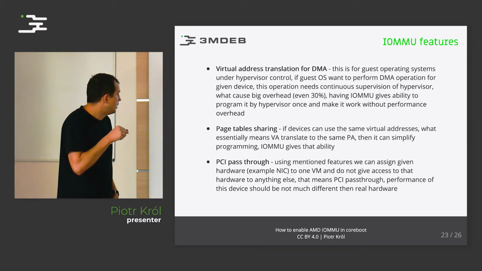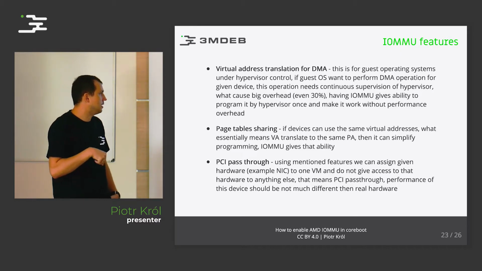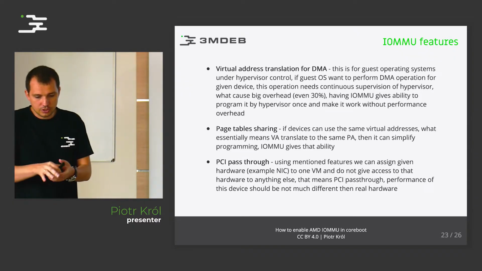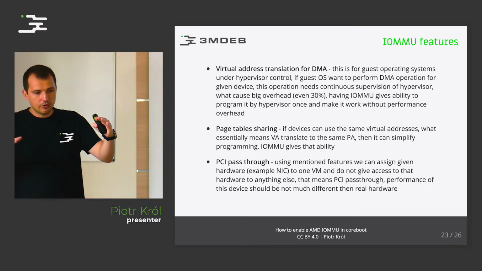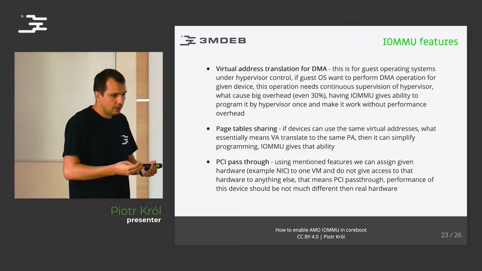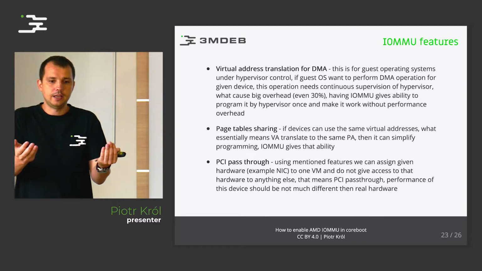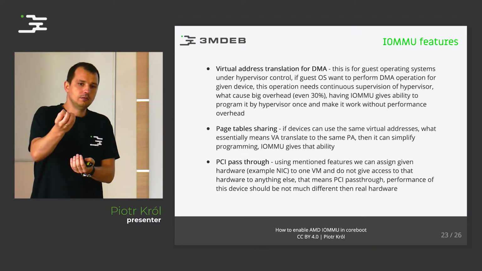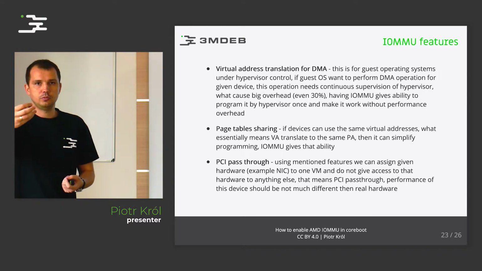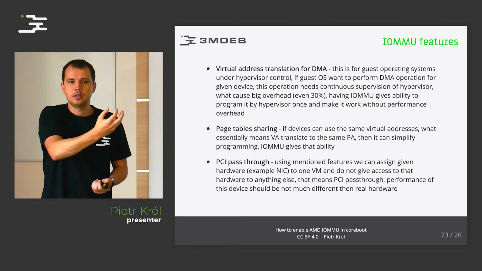Then we have our key feature, which is PCI pass-through. As I mentioned, we can have virtual machines which have devices directly assigned. So this works like that. Let's say we have a PC Engines router with two network cards, and we want ETH0 to be directly connected to QubesOS.